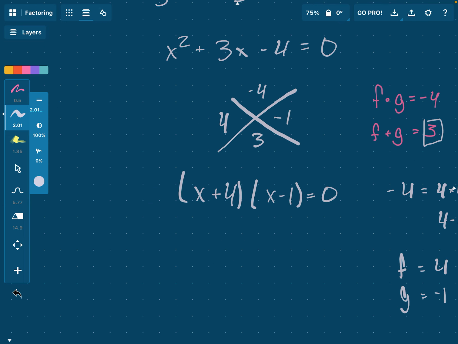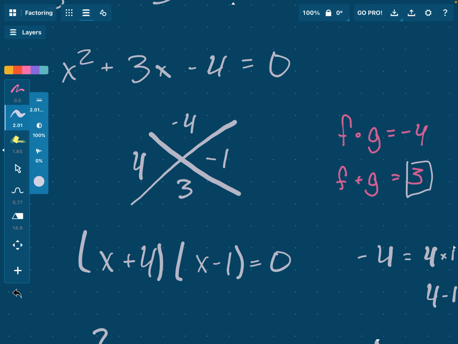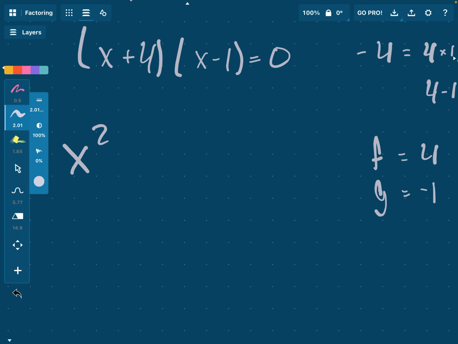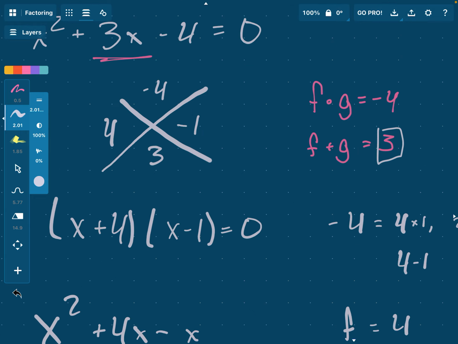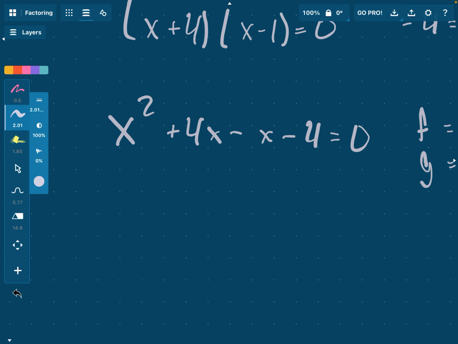But I think if we wanted to do it properly, we would take x squared, and then we would break up this middle term again into these values that we found. So 3x becomes plus 4x minus x minus 4 is equal to 0, and then we would group.